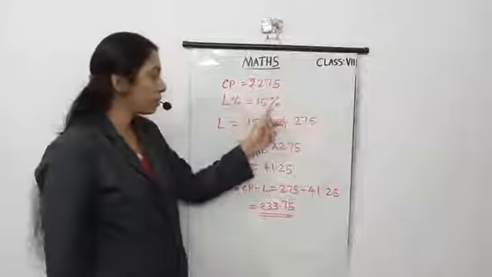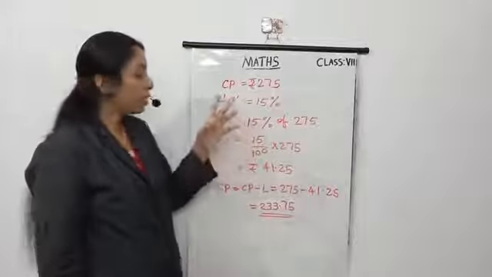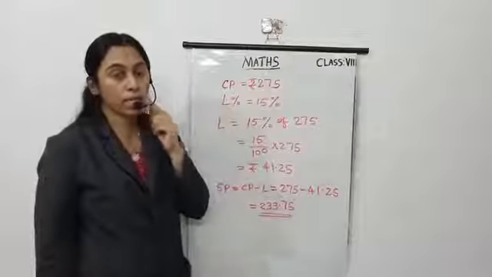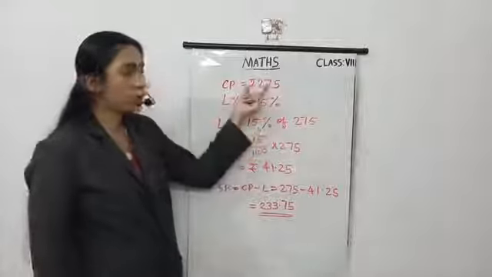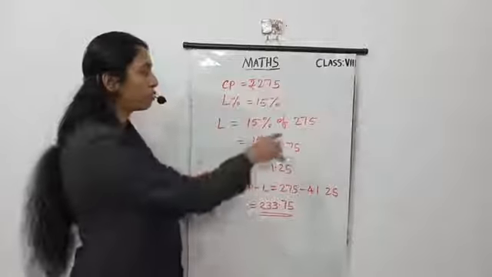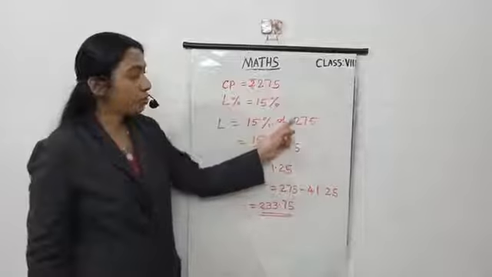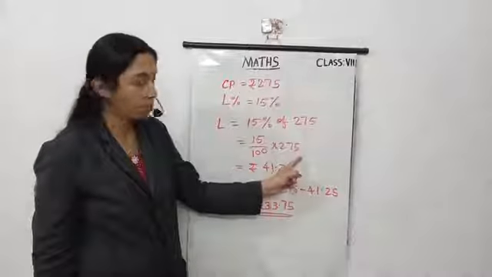Loss percentage is 15%. First find the loss amount, then subtract that loss amount from the cost price, and we get the selling price. So the loss amount is 15% of 275. 15% of 275 is 15 by 100 into 275.